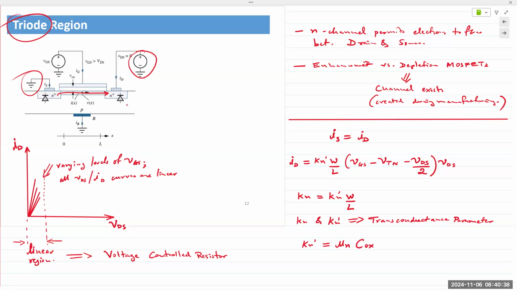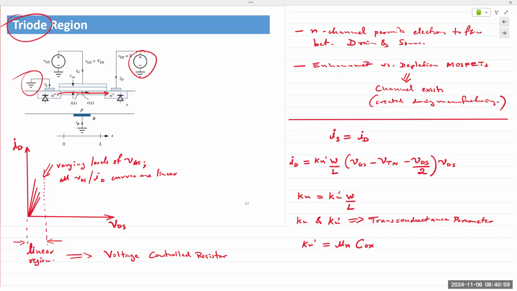Again, it depends on the manufacturing process and on the design. Engineers and designers can choose, depending on their application, to design devices with different values of transconductance parameters.